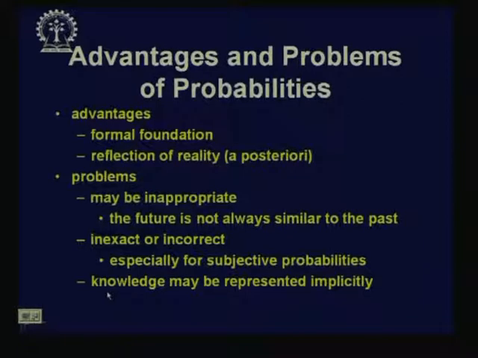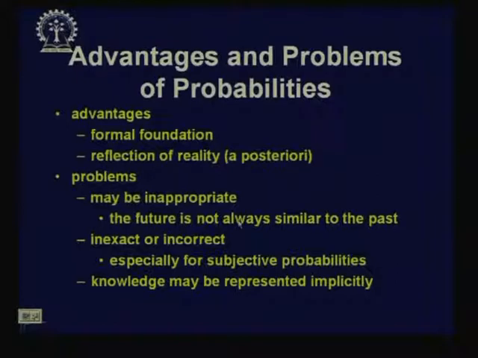However, there are some inherent problems in the probabilistic approach. What are they? The problems are that it may be inappropriate, because the real world scenario is changing. Therefore, the future may not always be similar to the past.